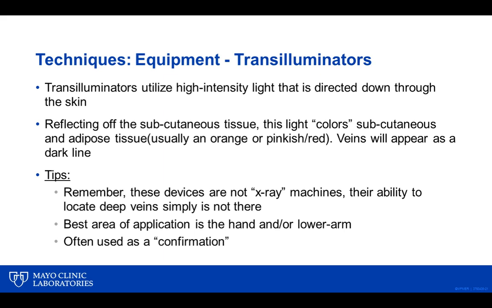They're not a permanently attached device, but they're usually on a stand, on wheels, and those have a much deeper penetration of the light, and the reflection of the subcutaneous tissue and the color variation in the vein will allow the vein to appear as a dark line.